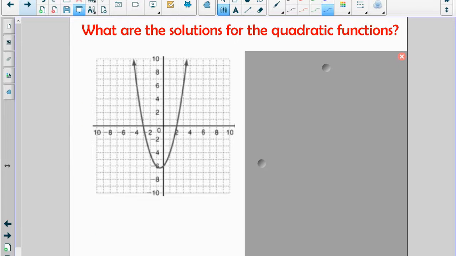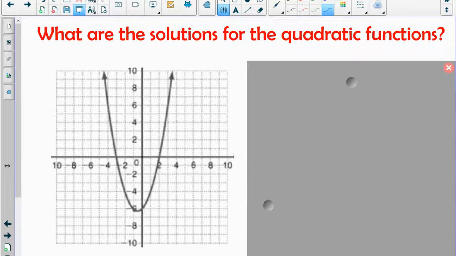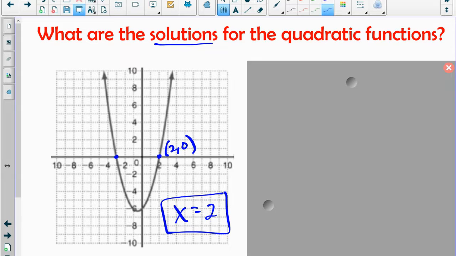So in this example, it says, what are the solutions for the quadratic function? Let me zoom in a little. So here's my first one on the graph. I want to find solutions, which we've identified will occur at the x-intercepts. One of our x-intercepts is at 2 comma 0. So one of my solutions is x equals 2.